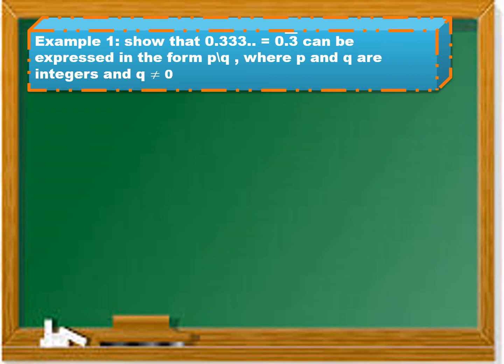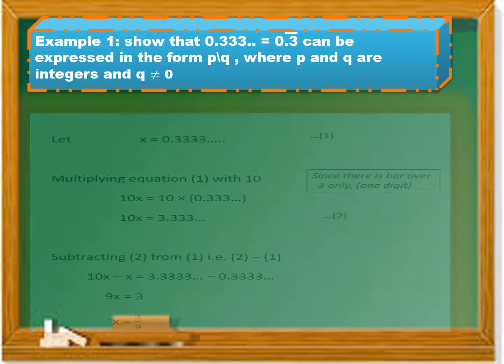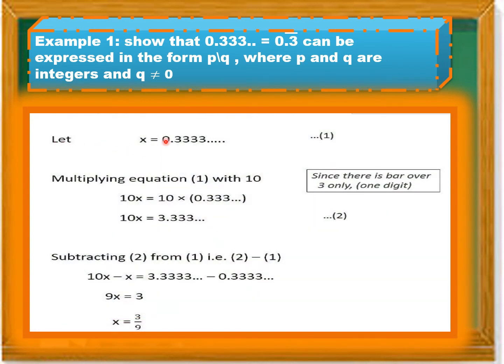In the previous video we converted a number to a rational number, but this is slightly different because this has a bar on the number, so there is going to be a change in the method. So let's see. Let x is equal to 0.333 dot dot dot. We are going to mark this as the first equation, where x is equal to 0.333.